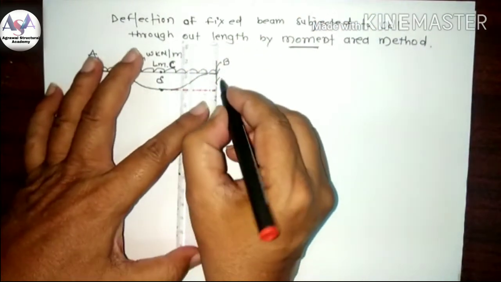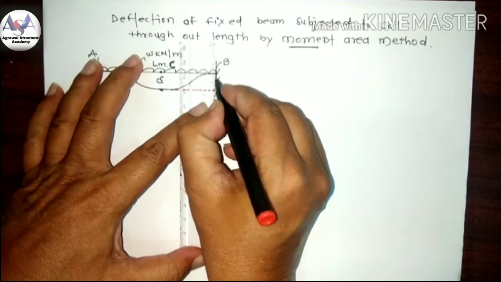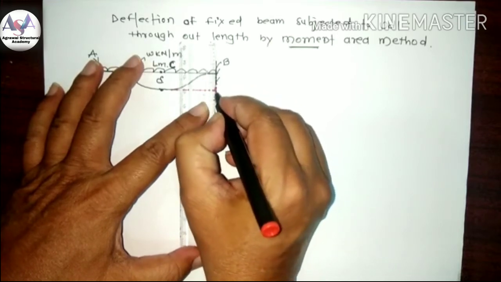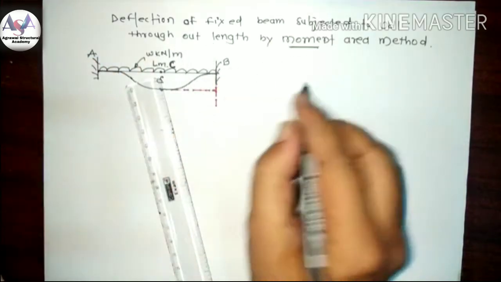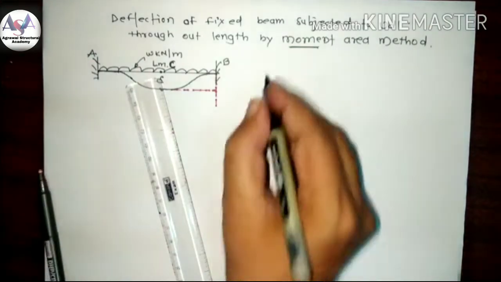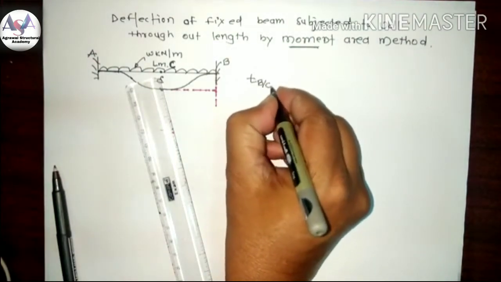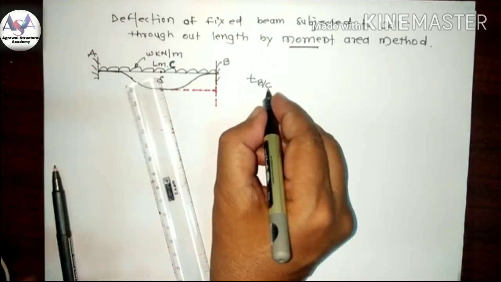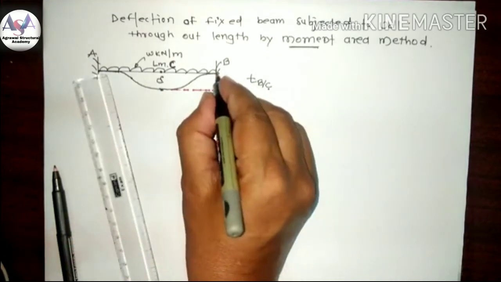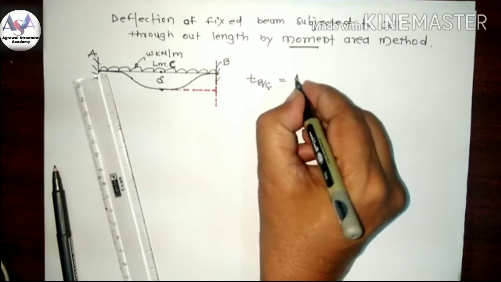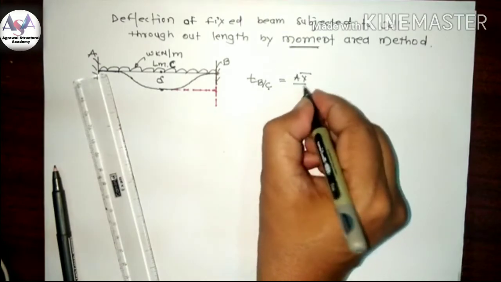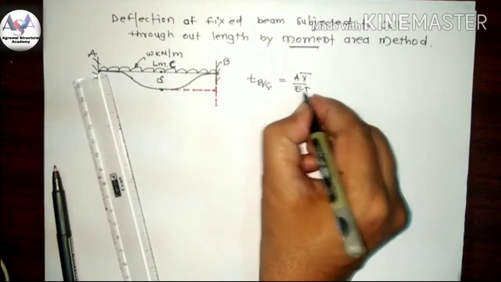And we draw the vertical line, measuring the deviation of that tangent with respect to the point B. By the second theorem, TBC, the deviation of the tangent drawn at C with respect to B, is equal to A X bar upon EI.